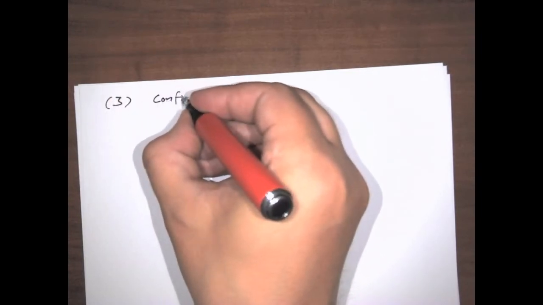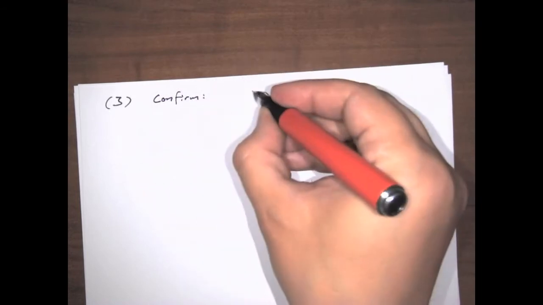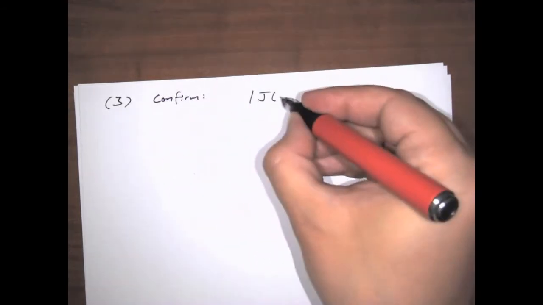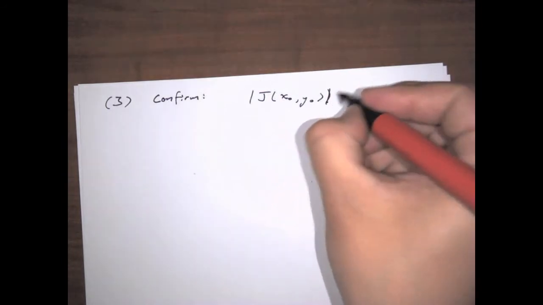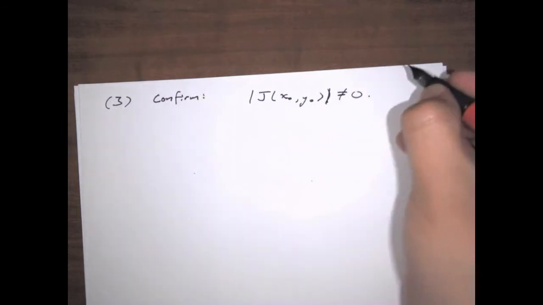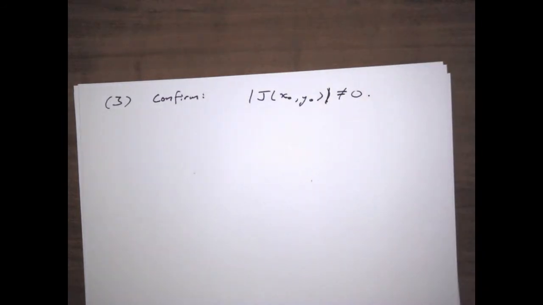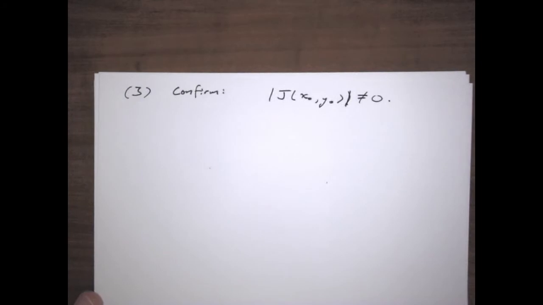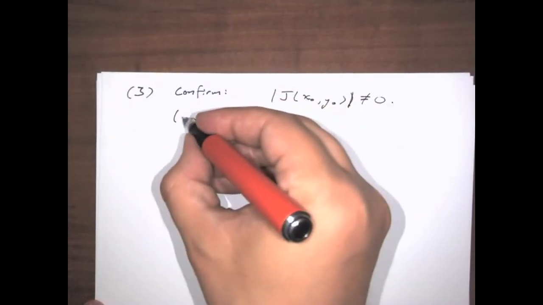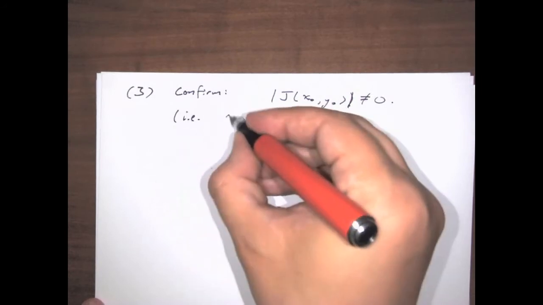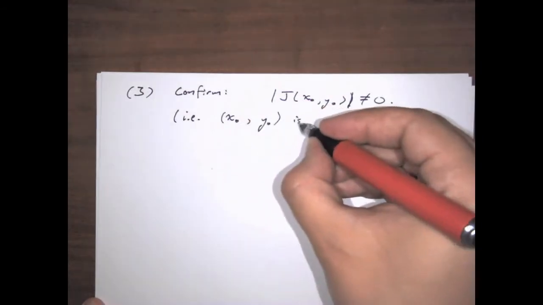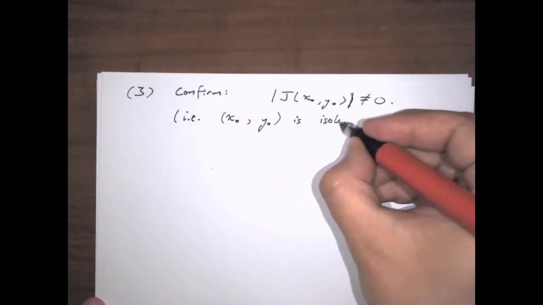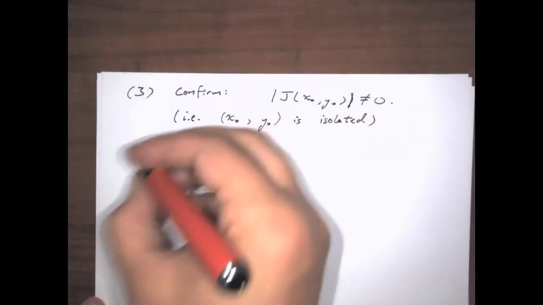Confirm that the determinant of J(x0, y0) is not equal to 0, confirming that it is in fact an isolated critical point. So, i.e., (x0, y0) is isolated.